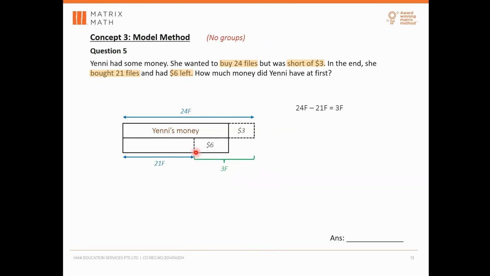By looking at the model, from here all the way to here is 6 plus 3. So 3 files cost $9. Which means that 1 file costs 9 divided by 3.